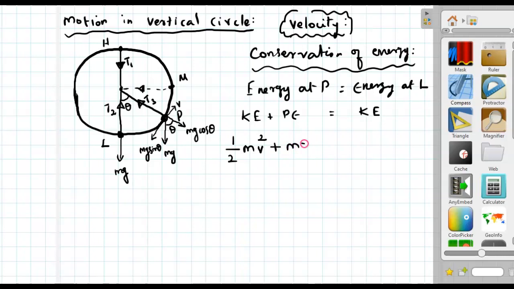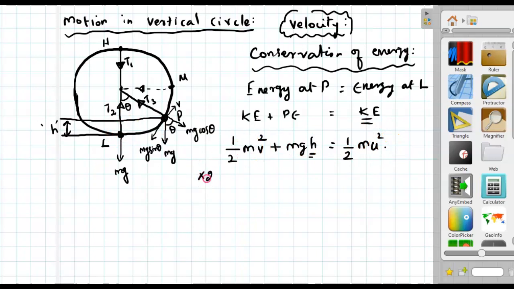Potential energy is mgh, where h is measured from the lower point; the point P is h meters above the lower point. So here mgh. The kinetic energy at L is half m u square, because we assume this is the initial speed, the highest speed.